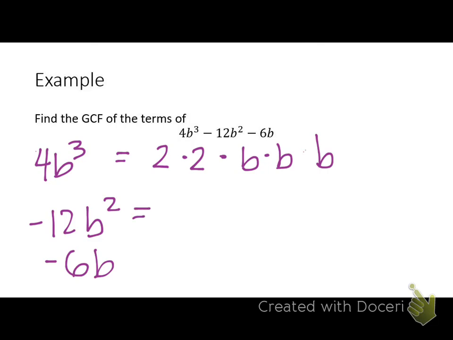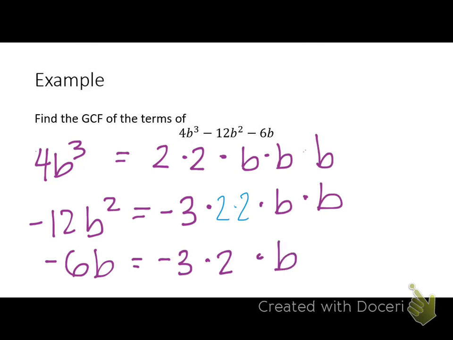And then negative 12 can be written as negative 3 times 4 times b times b. And then can I leave that 4? No, we cannot. I have to switch 4 out for 2 times 2. So be on the lookout for things that are not prime. We never know when they're going to show up. So with that, negative 6 would be negative 3 times 2 times b.